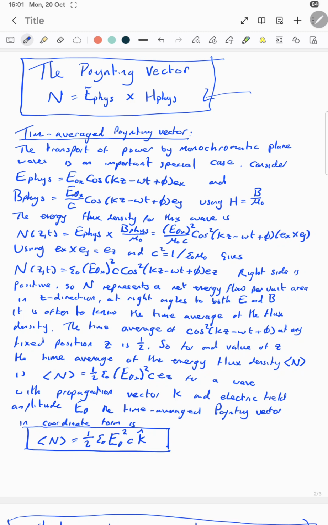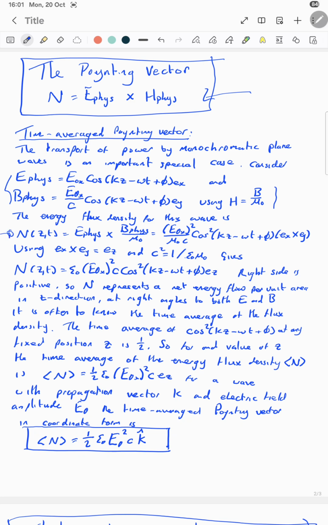The average Poynting vector, the time average Poynting vector, the transport of power by a monochromatic plane wave is the important special case. Consider the physical wave here and the magnetic wave, and we're using this from the magnetic intensity, which we got in the last video, and the energy flux density for this wave is given here.